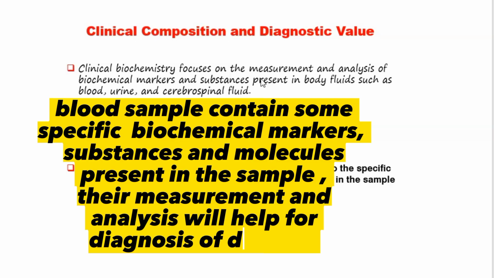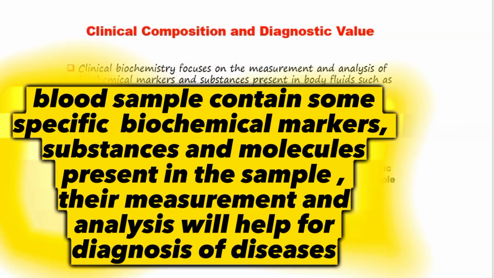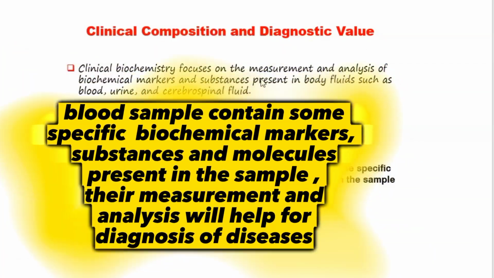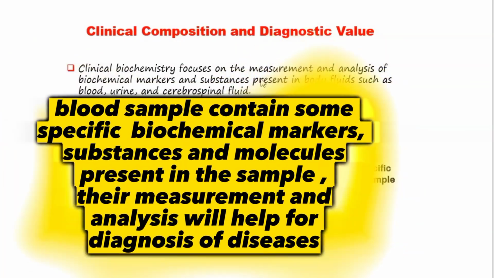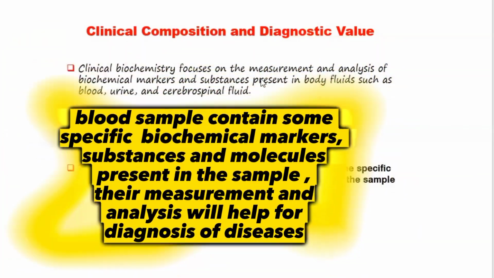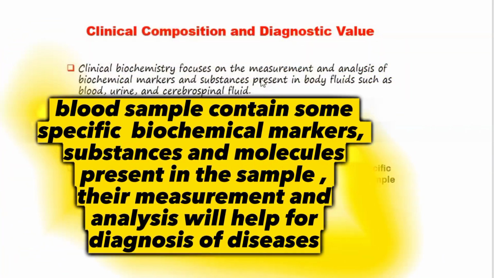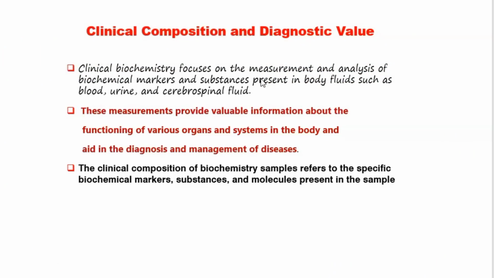For example, if a sample of blood is collected, there are substances that are present in this sample of blood. And the level of those substances needs to be checked so that we'll be able to predict or monitor a disease condition. So it is possible to diagnose a disease condition by knowing the amount of the substance that is present in the sample. So we go ahead.